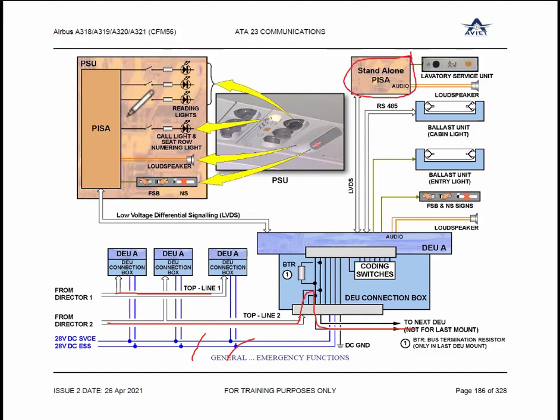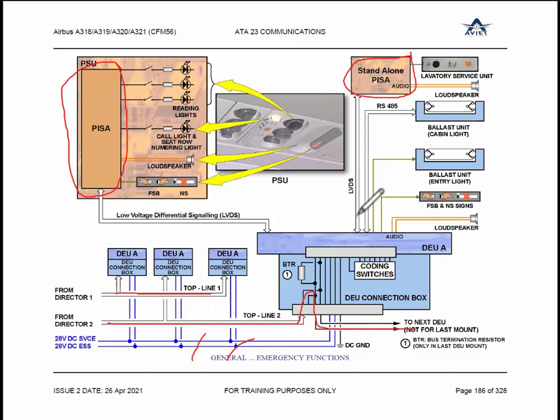either this PISA or a standalone PISA. A standalone PISA is used in the lavatory or the galley area where the number of users is less. Either the cabin crew is there in the toilet, you are sitting alone, no one is with you, so there are not so many services or inputs. Correct?